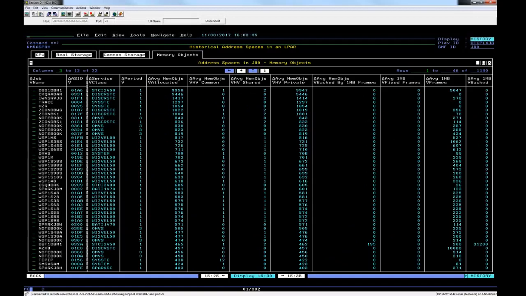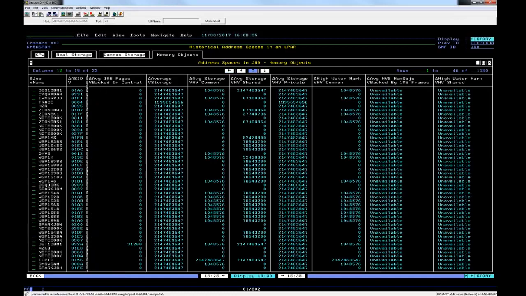And so here we see all of the address spaces that are running that have allocated memory objects, and the workspace is presented by default in descending order of the average memory objects allocated. We show the average memory objects for high virtual common, shared, and private. The memory objects backed by 1 megabyte frames, fixed frames, average 1 megabyte frames.